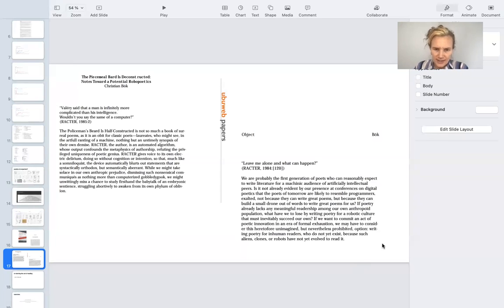If poetry already lacks any meaningful readership among our own anthropoid population, what have we to lose by writing poetry for a robotic culture that must inevitably succeed our own? If we want to commit an act of poetic innovation in an era of formal exhaustion, we may have to consider this heretofore unimagined, but nevertheless prohibited option: writing poetry for inhuman readers who do not yet exist because such aliens, clones, or robots have not yet evolved to read it."